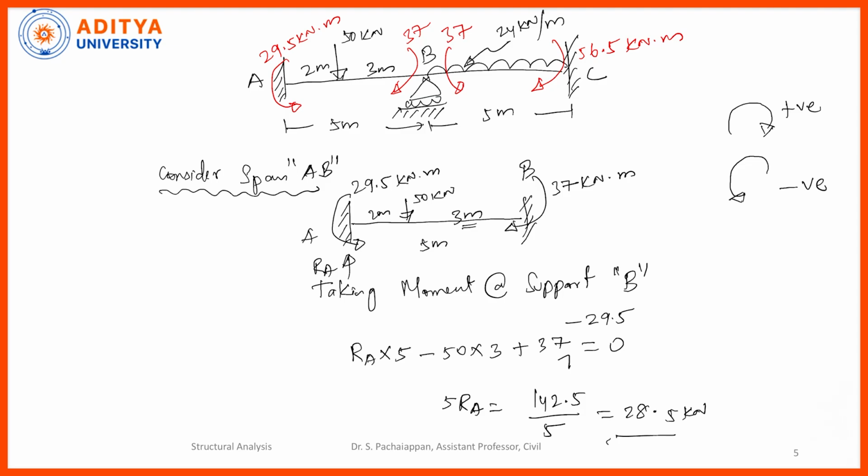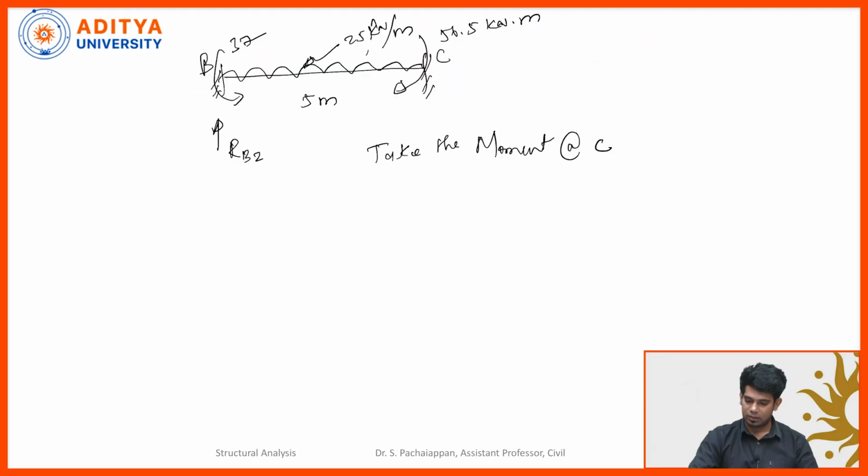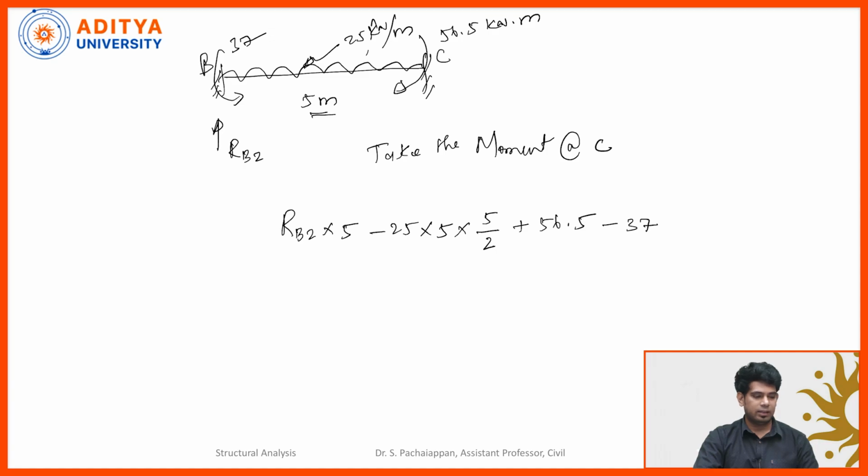So then only we will get this value. Now taking moment at the point C, RB2 and then the linear distance is 5, minus 25 multiplied by 5, since it is a UDL, 5 by 2, at center it will act, and then the clockwise couple is 56.5, and then the anti-clockwise couple is minus 37.